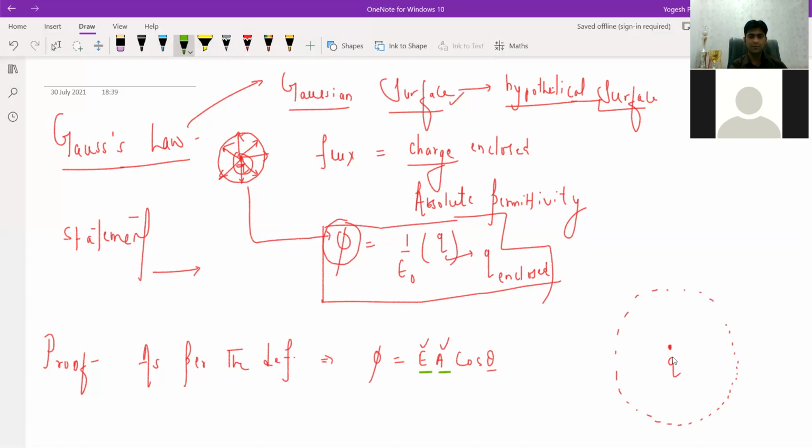Now, this is a positive point charge. For a positive point charge, we know that the electric field lines always act radially outward.